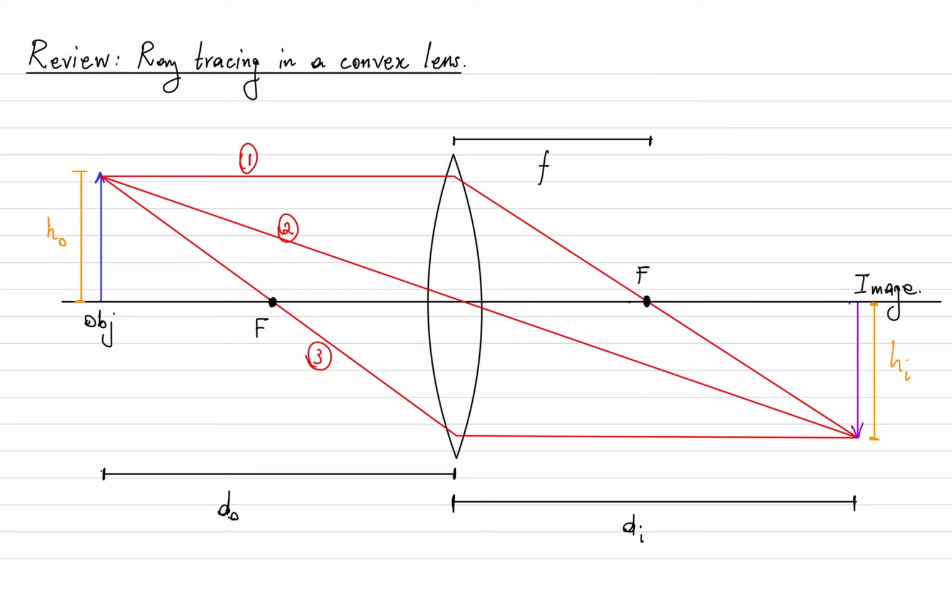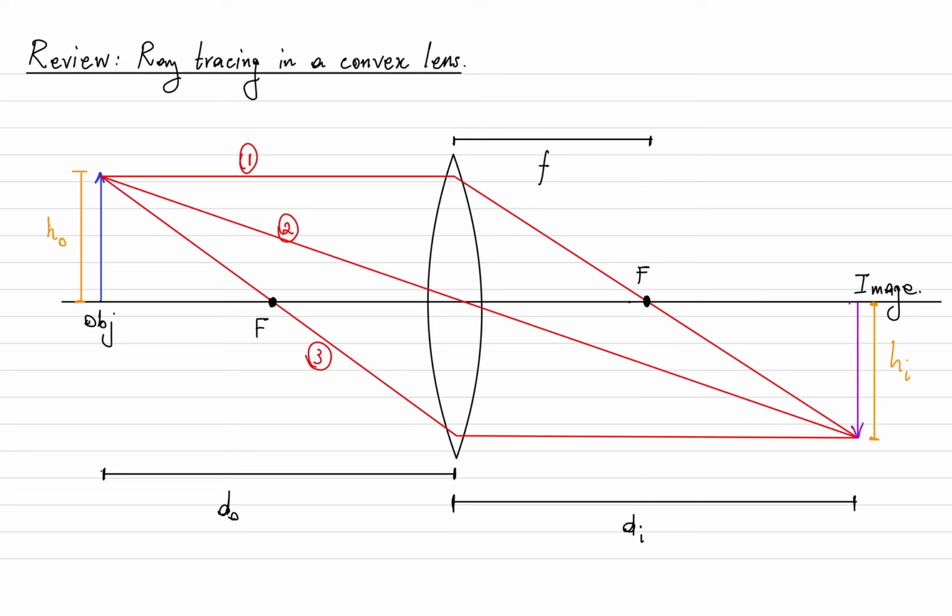The first one is initially parallel to the principal axis. It enters the lens parallel, and when it exits the lens, its direction is changed, and it's now headed toward the focal point of our lens.